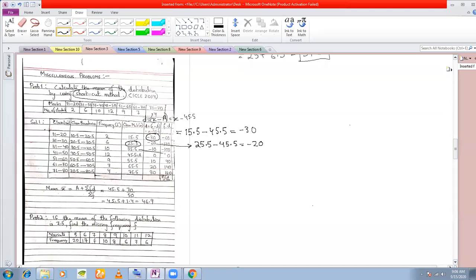Similarly for all the rows here. For this one, how do we calculate the deviation? What is x here? x here is 35.5, and A we have taken 45.5.